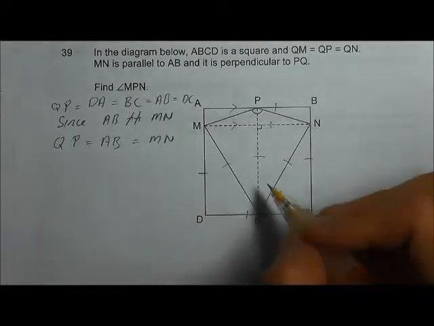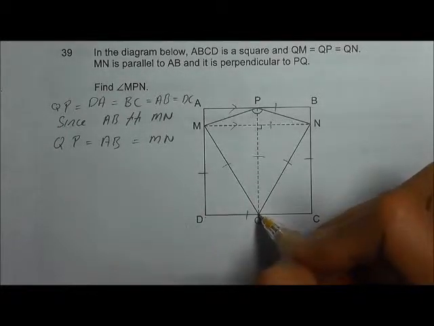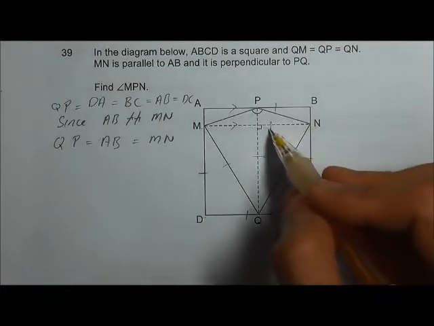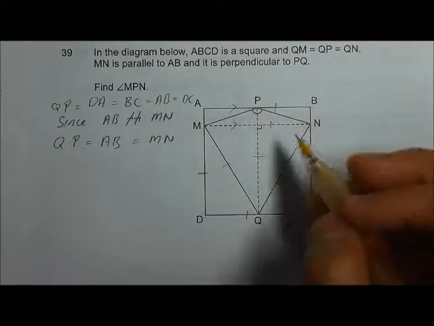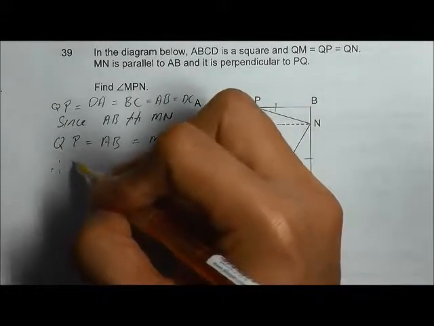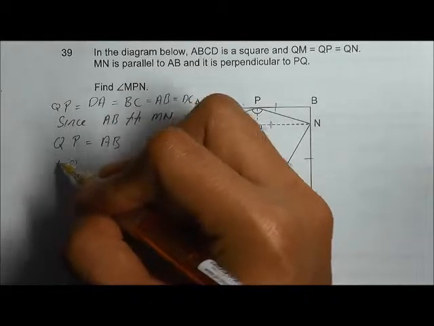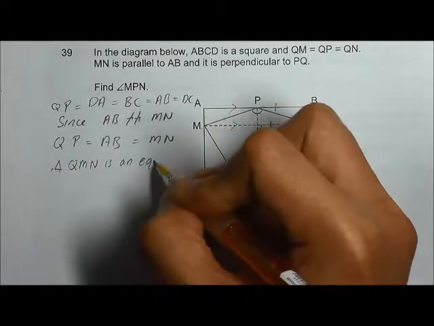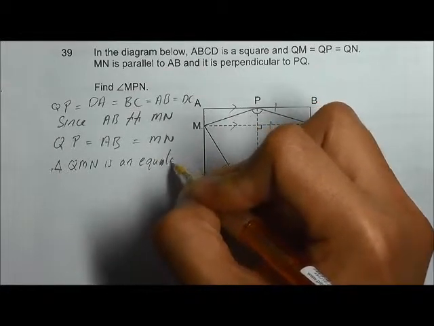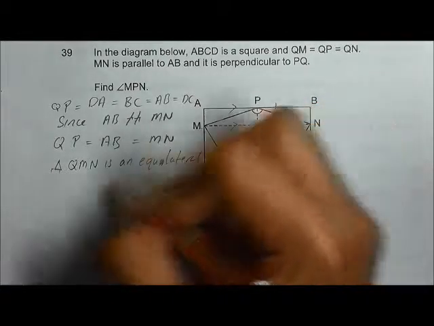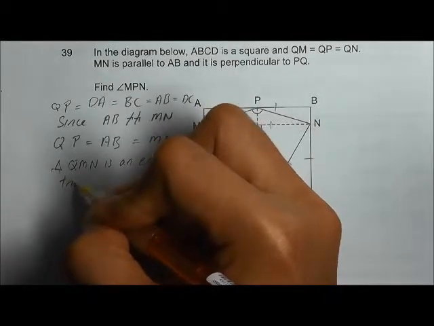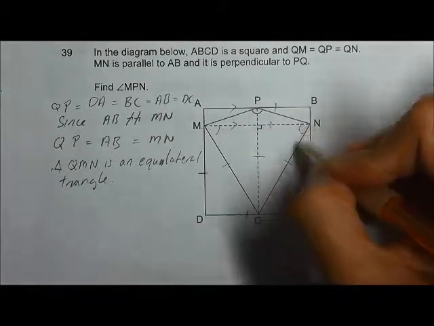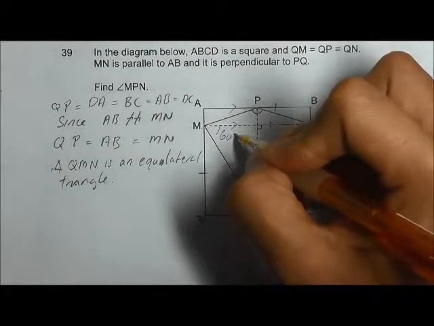Okay, so we can see that this triangle QMN is actually an equilateral triangle because all the three sides are equal. So each angle here has to be 60 degrees.